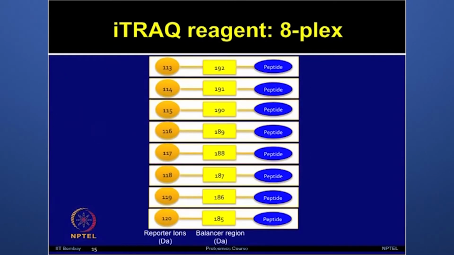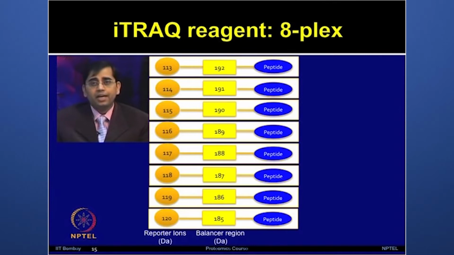Now, let us look at the structure of the iTRAQ 8-plex reagent. In 8-plexing, the reporter ion variable mass is from 113 to 120 Dalton, and the balancer region is from 185 to 192 Dalton, so that the total mass of the isobaric tag remains 305.